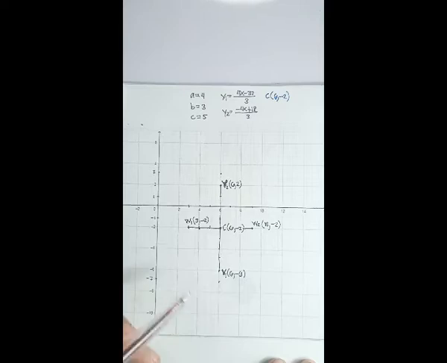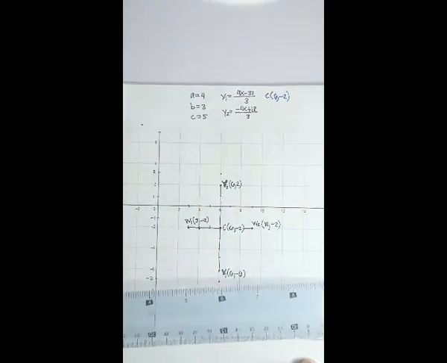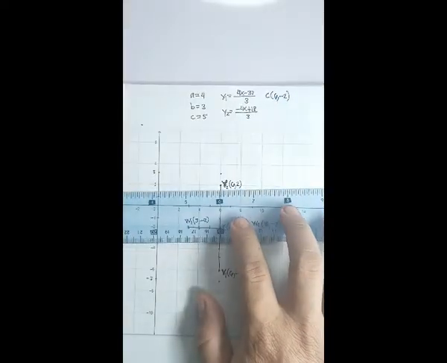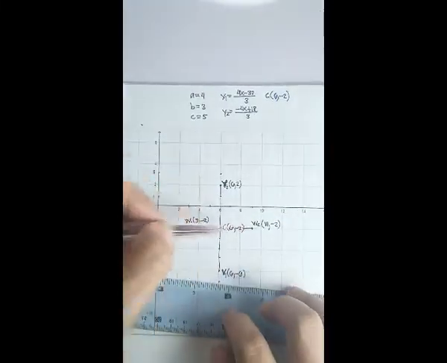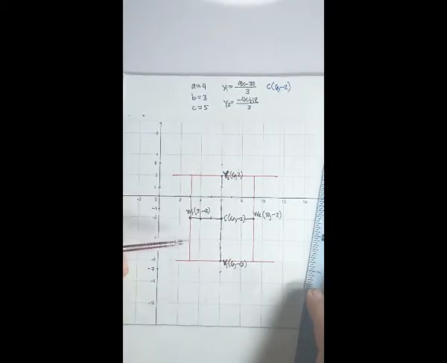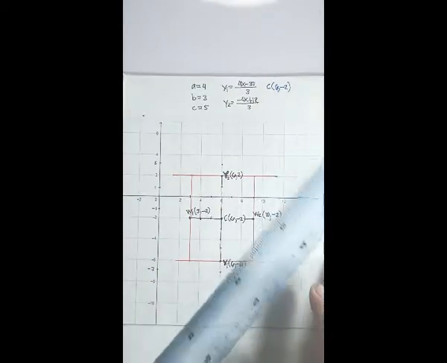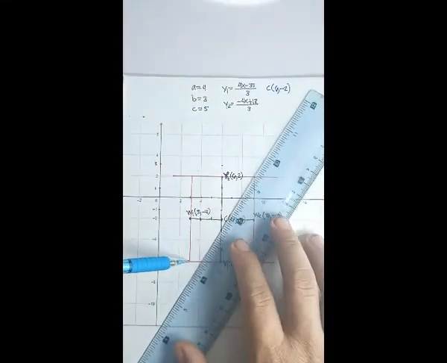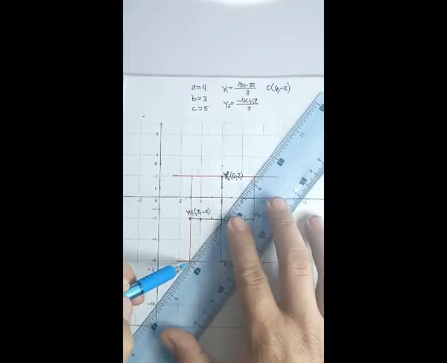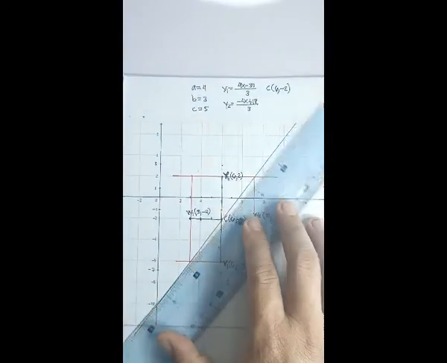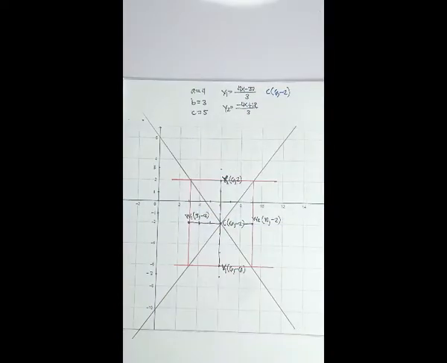Next is atong drawing sa atong auxiliary triangle, ano, rectangle. So atong auxiliary rectangle, mag-draw ta og mga parallel lines along sa atong conjugate o sa atong transverse. So this is now our auxiliary rectangle. And then mag-draw ta og line nga diagonal, then moagi sa center of the hyperbola. Okay.